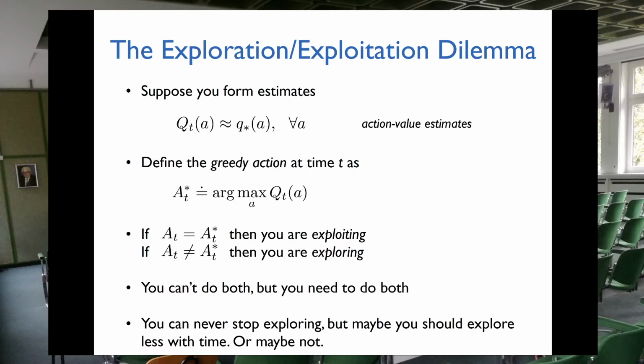But if the distributions change with time, so suppose that after some random number of plays, the distributions of the rewards change, then this is a non-stationary problem, and in that kind of problem it is not a good idea to reduce exploration. So you need to keep a good amount of exploration all the time, because the distributions of rewards are changing.